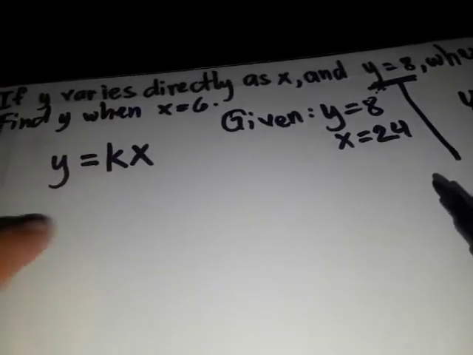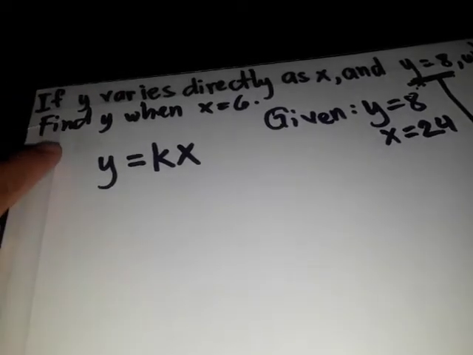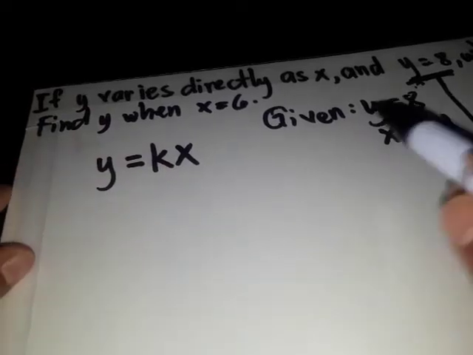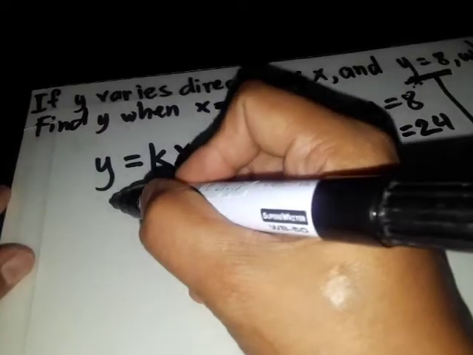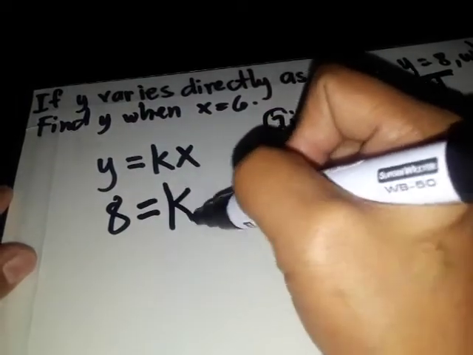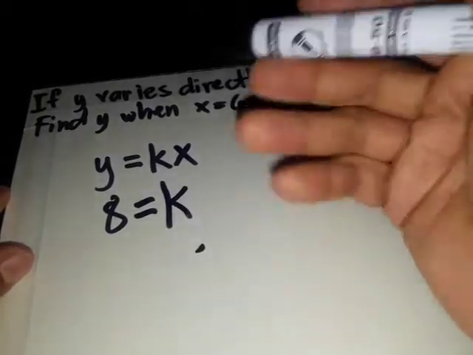So substitute lang natin sa ginawa nating equation based on the given problem. So y is equal to 8. Substitute lang natin 8, copy k, kasi k ang hinahanap natin, and then ang x natin ay 24.